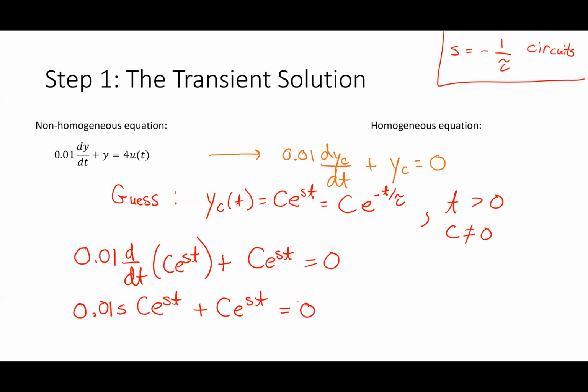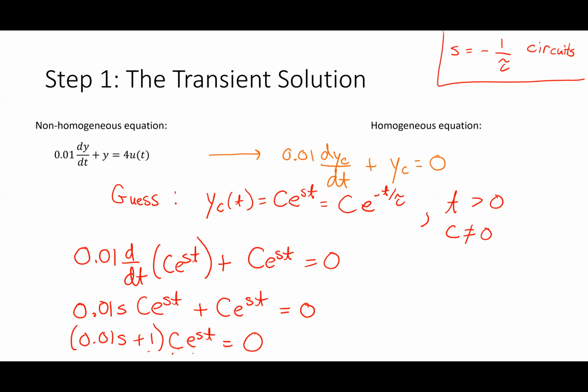Now, the cool thing about that is I got common factors in each term. I got c e to the st. So I can say this is (0.01 s plus 1) times c e to the st, all equal to 0. What I said the other day is this is a times b times c equals 0. Three things multiplying each other equal to 0, and I know that two of them can never be 0. Which two?